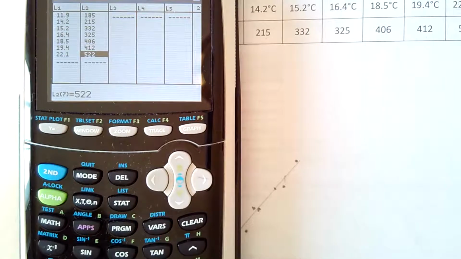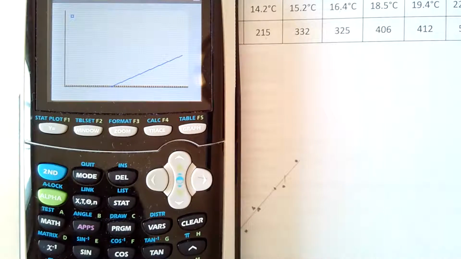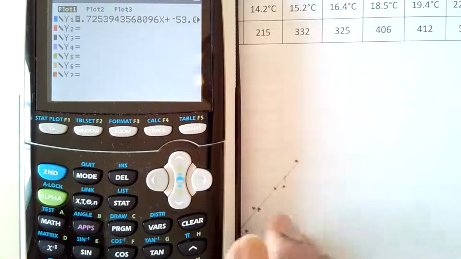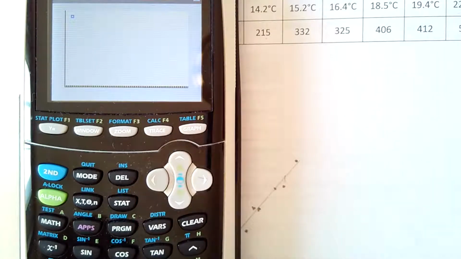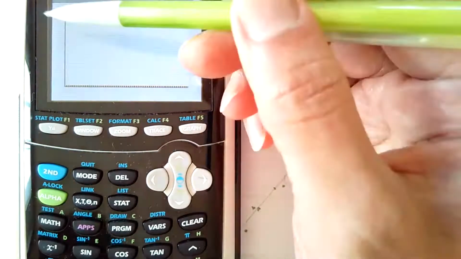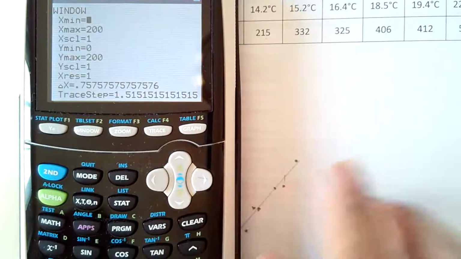Now, I need to plot those points and get my graph. If I go to my graph here, I see nothing. Oh, I see a line, but that's from my previous graph. So I'm going to go back to my Y button and clear that, because I don't want it. Now I only have one point here. So I'll go to my window button and change my scale.